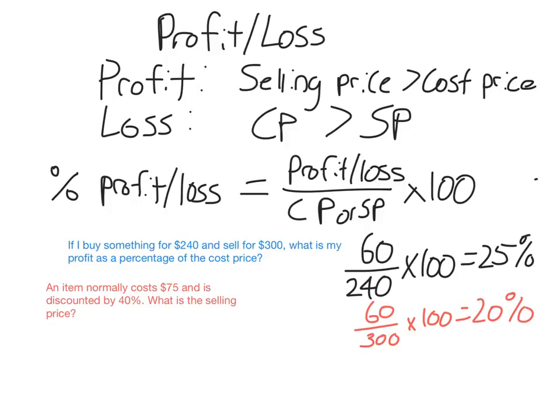So discounts, they're just an application of percentage decrease. So this is exactly the same as saying, if I have $75 and decrease by 40%, how much do I have? So it's just 75 minus 40% of 75, and you can put that straight in your calculator, and you should get $45. So that's the new selling price.